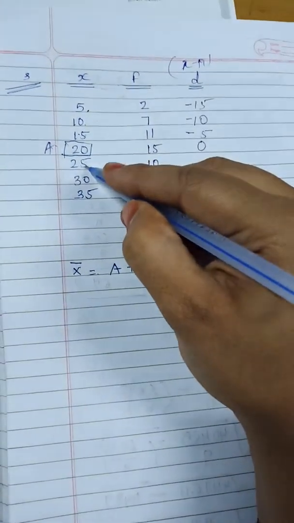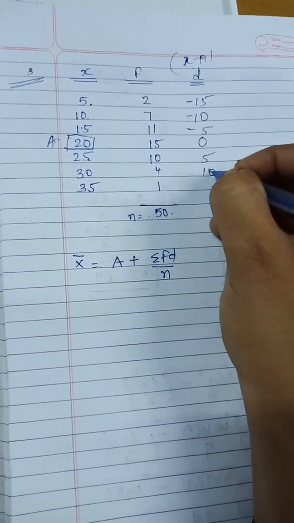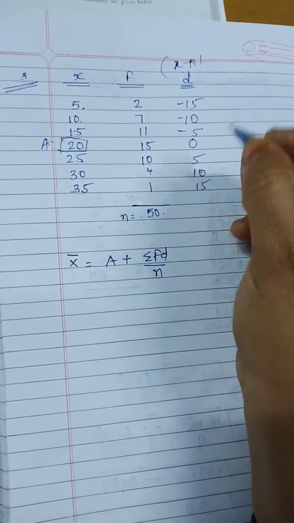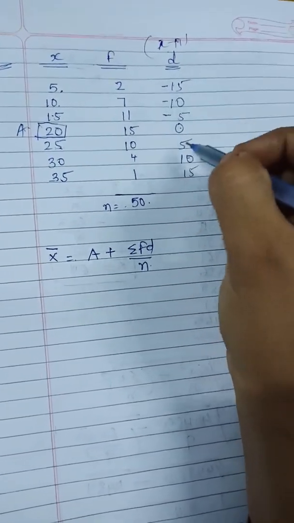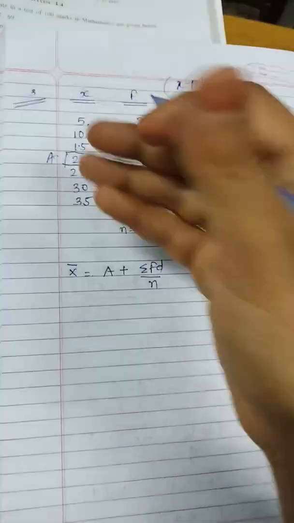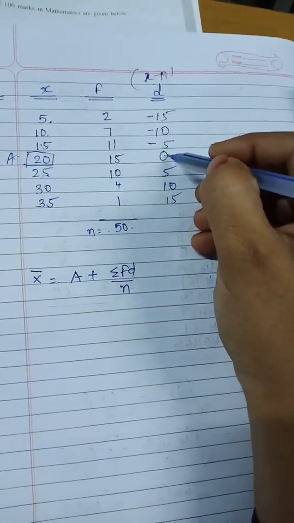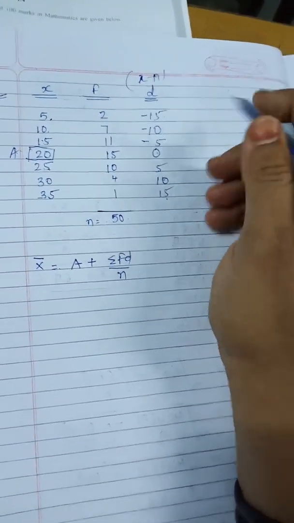Then 25 minus 20, that comes to 5. 30 minus 20, that comes to 10. And 35 minus 20, that comes to 15. Instead of that, you can take minus 1, minus 2, minus 3, 1, 2 and 3. In continuous classes all the differences are the same. Here the differences are the same, 5, 5, 5. So here we can consider that also, minus 1, minus 2, minus 3, 1, 2 and 3.